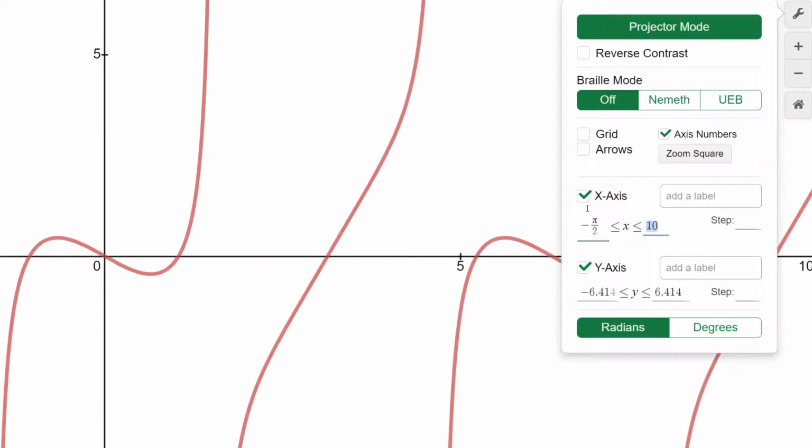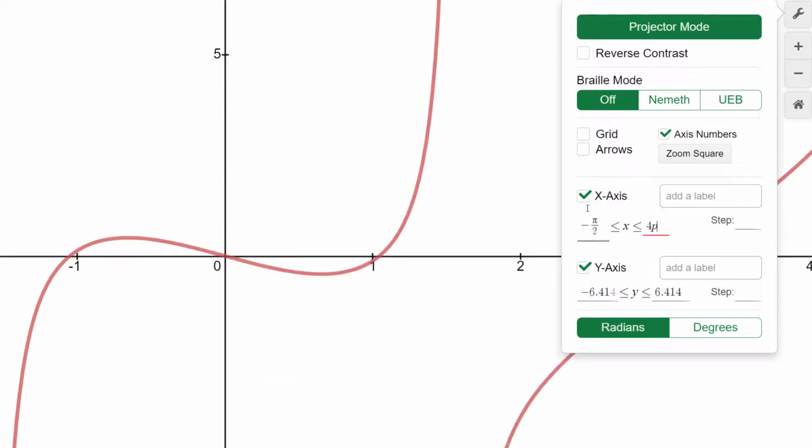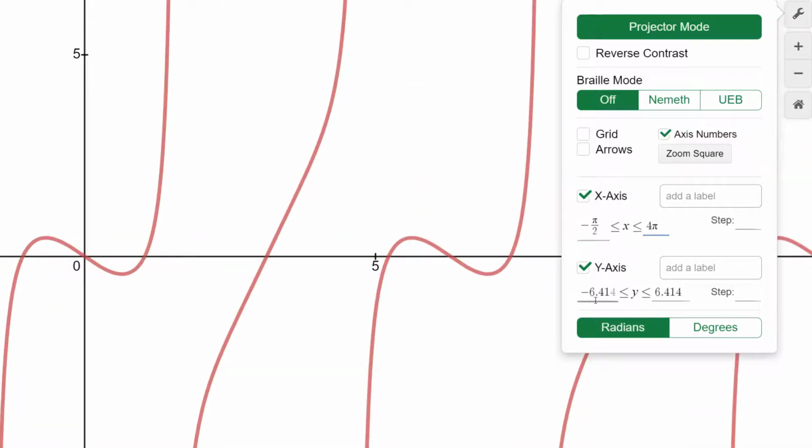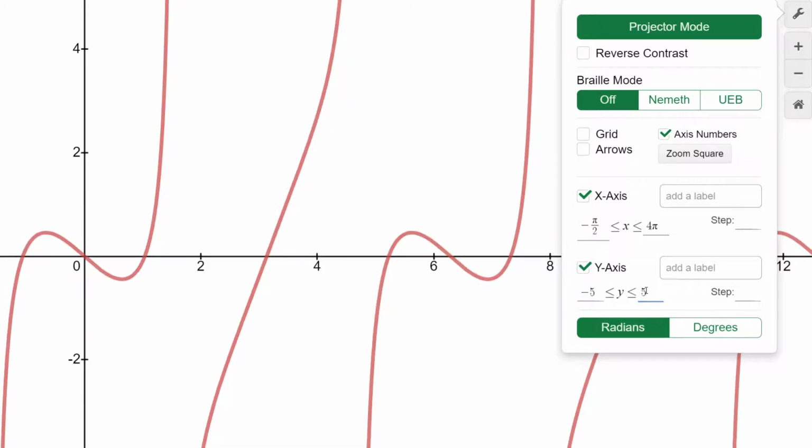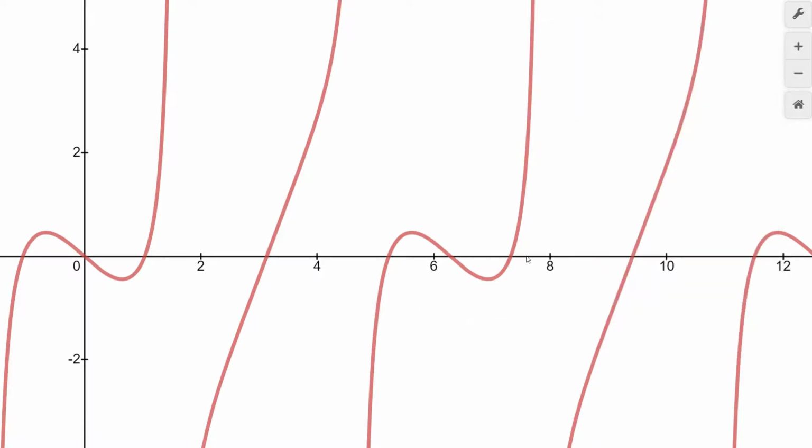And I want x to go all the way up to 4 times pi. And the y-axis, I want that to go from a negative 5 to 5, according to the instructions I was given. So this is a graph of that function over that interval. And that's a pretty good looking function, actually kind of neat.